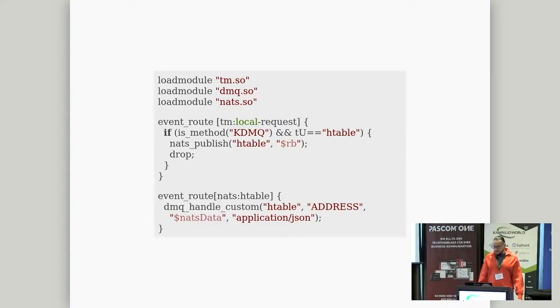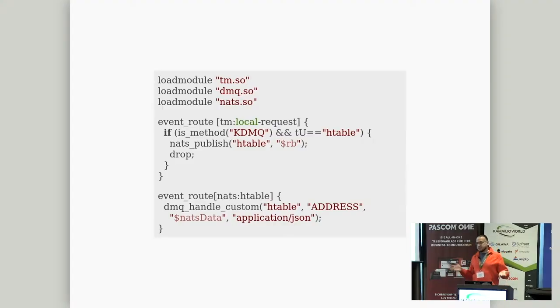And one more thing that I want to highlight: everyone who uses DMQ uses it for replicating data from Kamailio to another Kamailio, between Kamailio instances. But what I'm proposing here, using this simple code, is to share data from Kamailio to any other application you want.